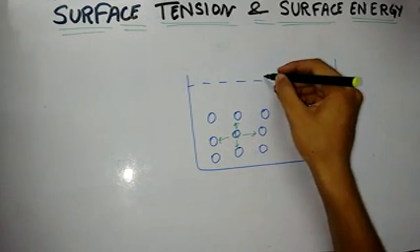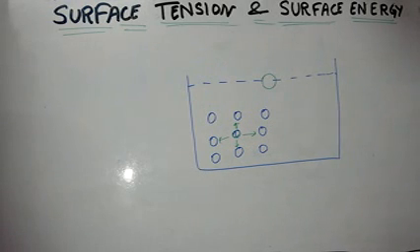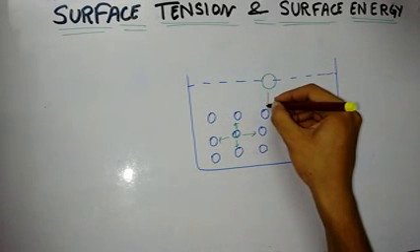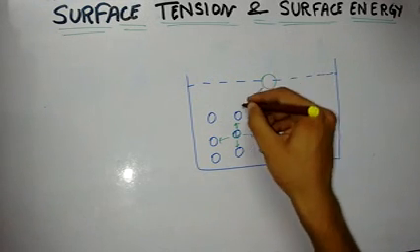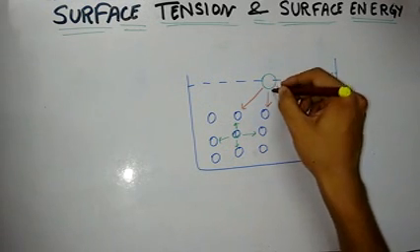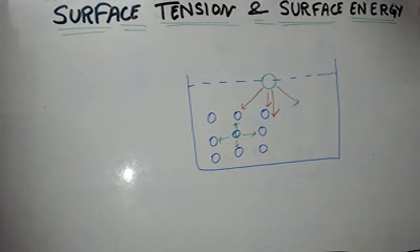What about the molecule at the surface? The only forces are attraction by the molecules at these sides. So the net resultant would be downwards, so it should not be in equilibrium. But in real life, we know it's in equilibrium.